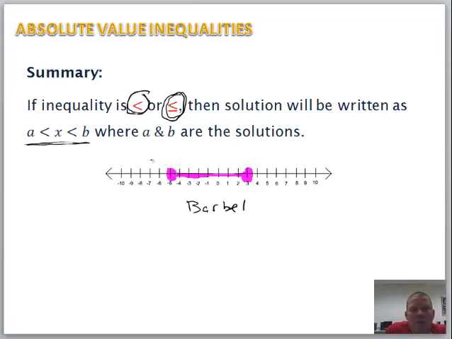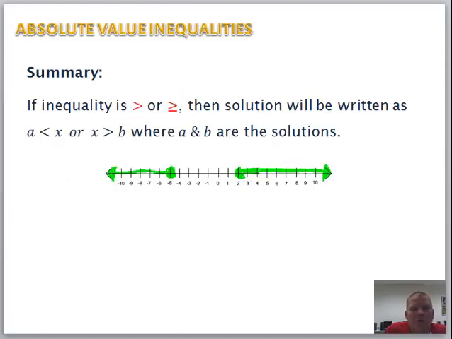The other part of our summary is if the inequality is greater than or equal to, then the solution is going to be written with an or statement, and your graph is going to have a gap in it, and the arrows are going to point off. And again, this is written with the equal in it because it has solid dots, but if it didn't have the equal, it would be open dots and go in those ways.